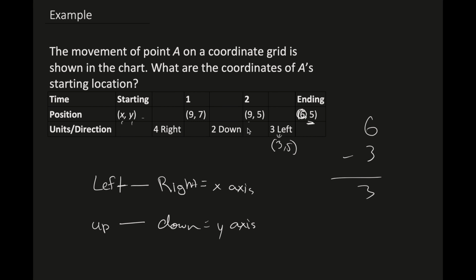How many do we go? We go 2 down, right? So down is the y-axis. So we're going to do 5 minus 2 because it's down, not up, right? And again, if you want to think about it, you have 5, 4, 3, 2, 1. If it was going up, you would do 1, 2, 3. But it's going down.